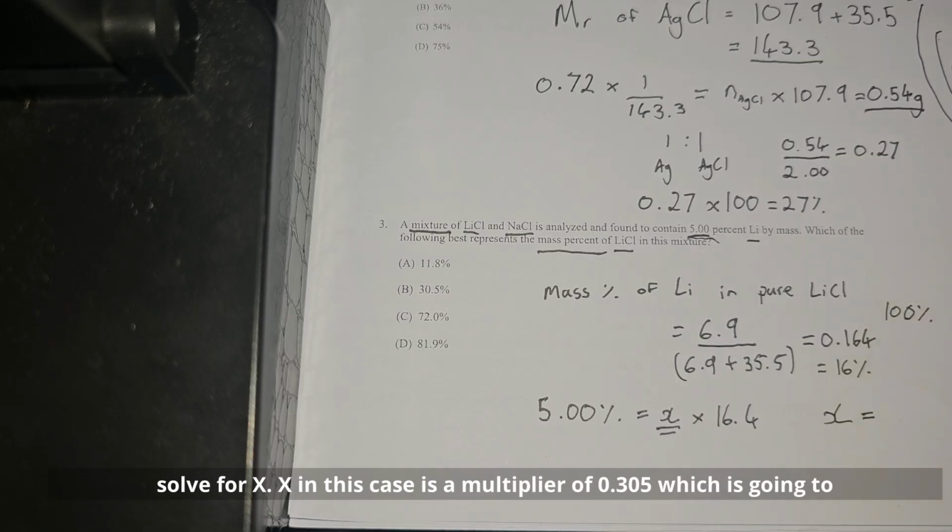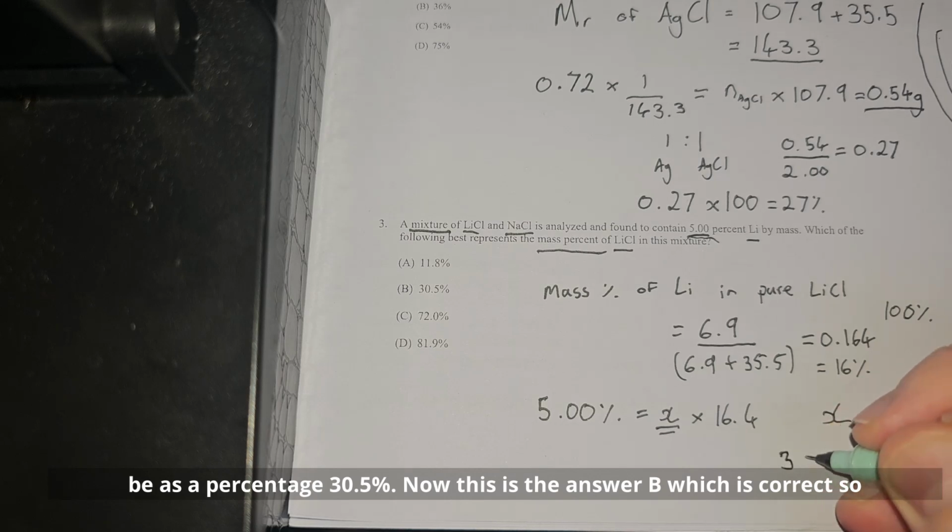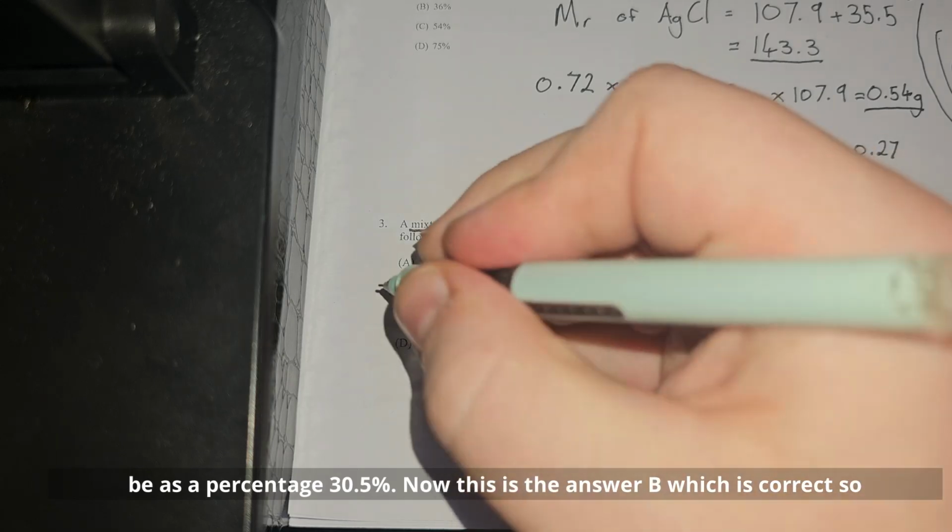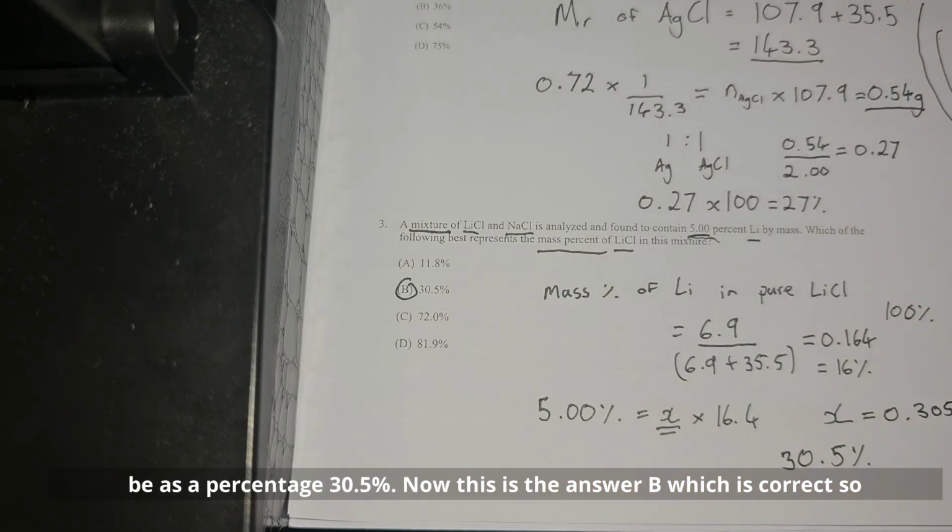X in this case is a multiplier of 0.305, which as a percentage is 30.5%. Now this is the answer B, which is correct.